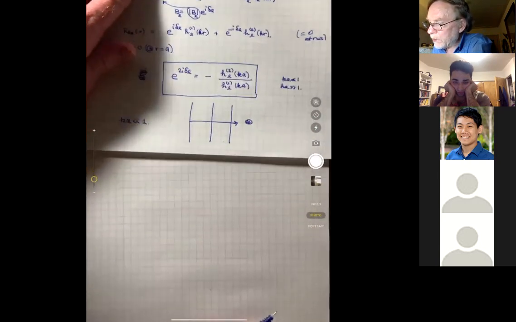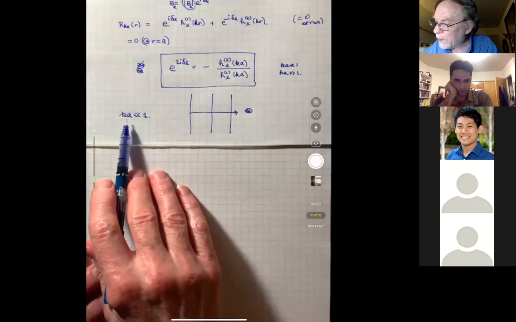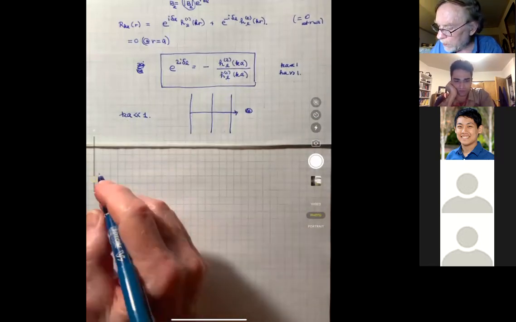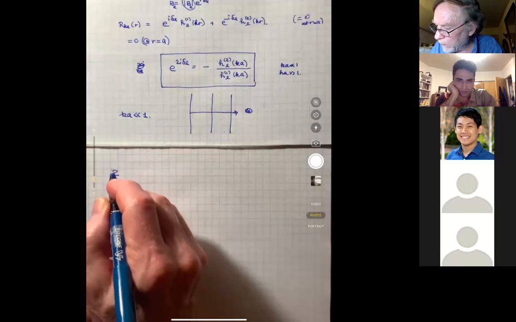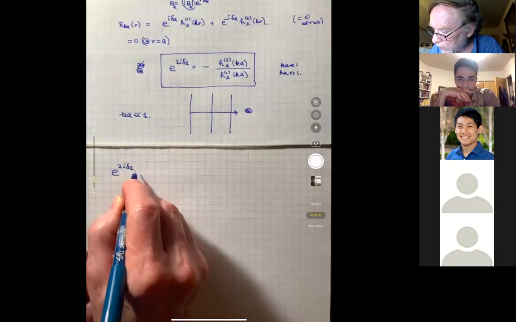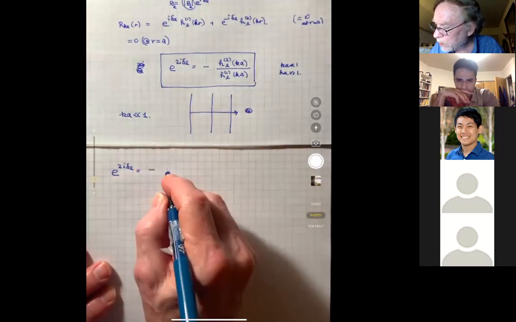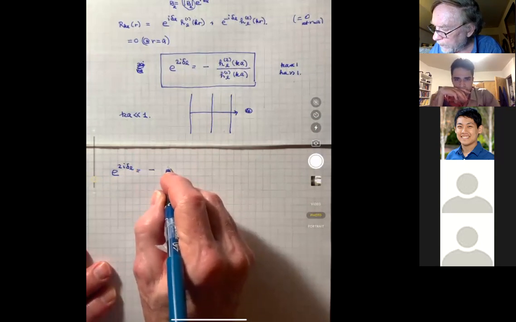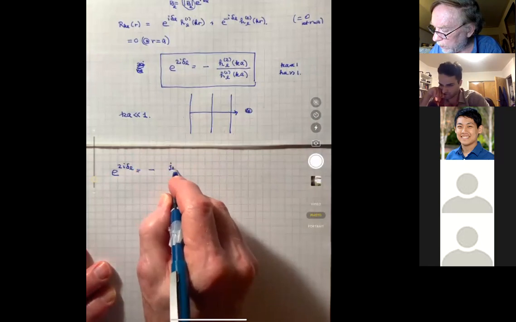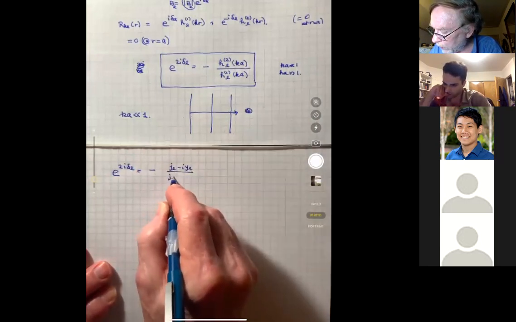For this purpose, we need the small argument limit of the Hankel functions, or the spherical Bessel functions. Let's write this in terms of spherical Bessel functions. So e to the 2i delta L is equal to, and I'm going to write the Hankel functions in terms of J's and Y's, so H2 is J minus iY, JL minus iYL divided by JL plus iYL.